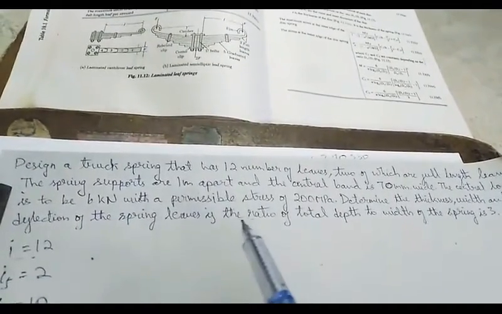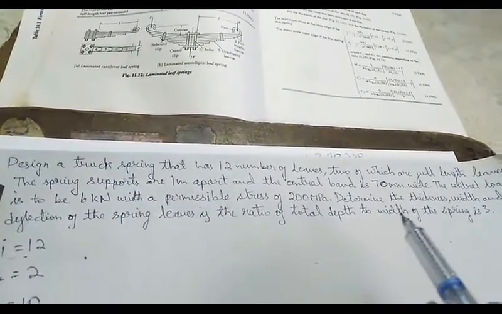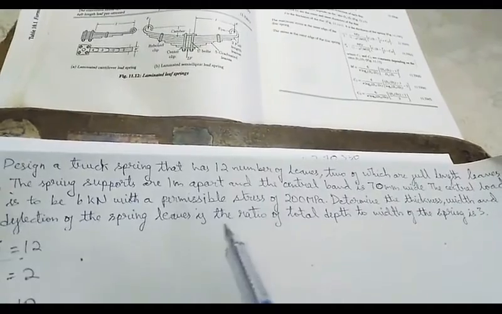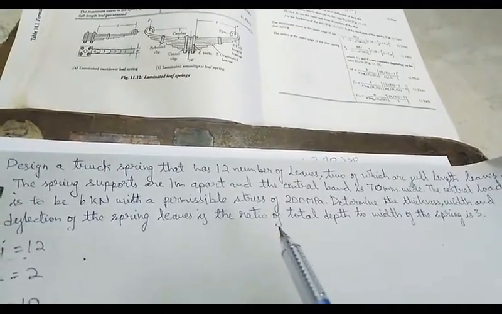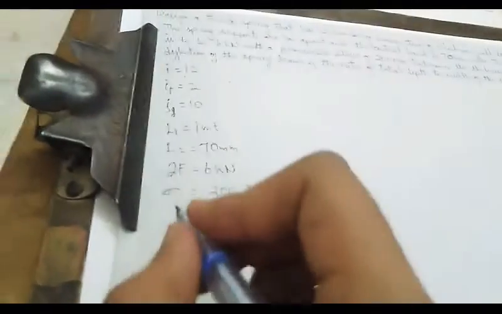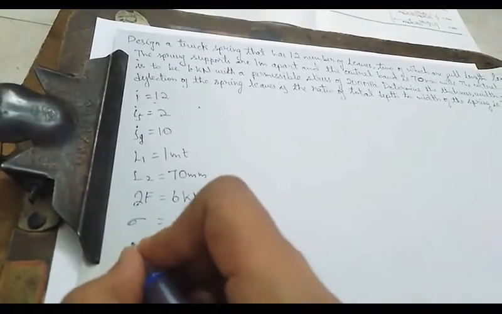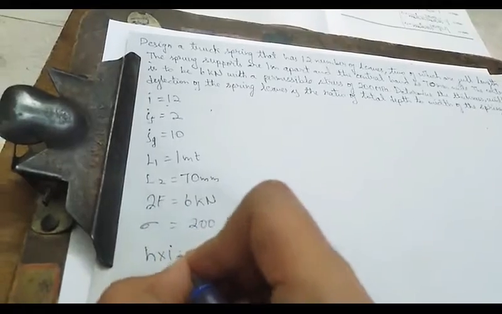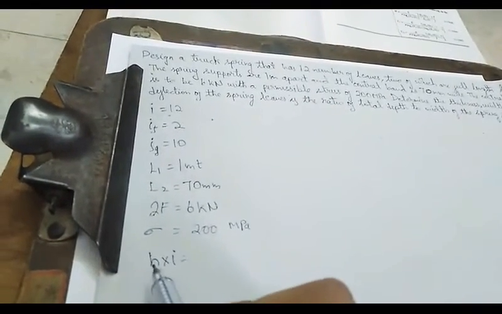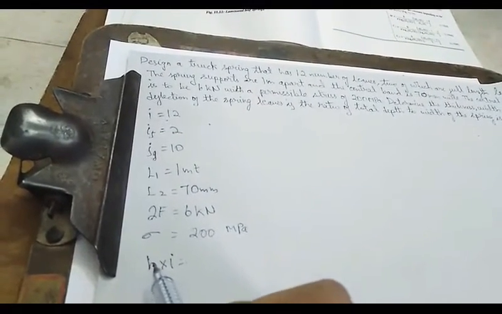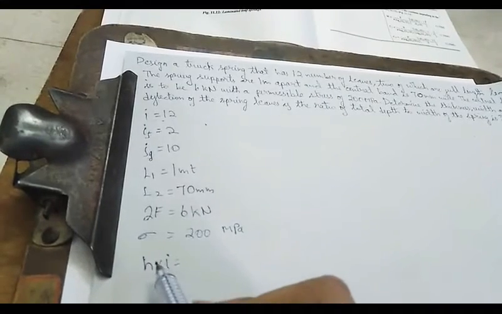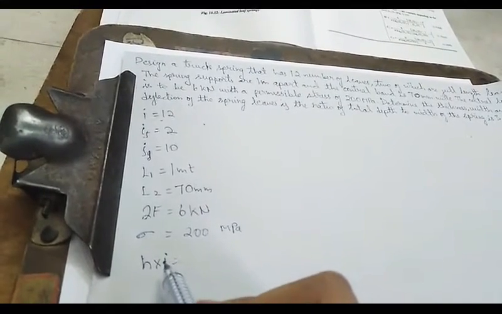Determine the thickness, width and deflection of spring leaves if the ratio of total depth to width of the spring is 3. Here they have given a ratio. The total depth is H into i, because the thickness of one leaf is H and the total depth is multiplied by the number of leaves.